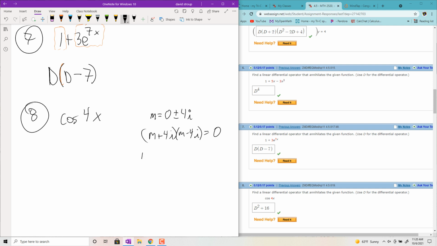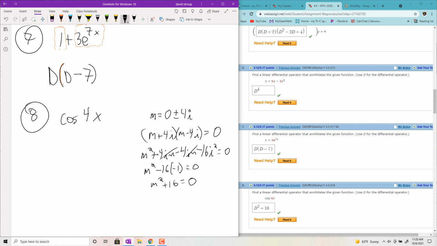Foiling, you get m squared plus 4im minus 4im, and then minus 16i squared equals 0. These cancel, leaving m squared minus 16i squared. I squared is negative 1, so you get m squared plus 16 equals 0.